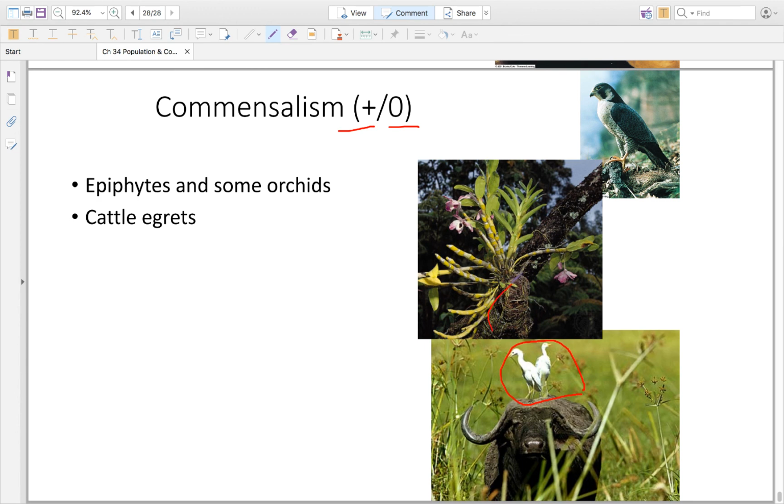They will grow and wrap around a tree branch to get more sunlight, and it doesn't hurt the tree. And that's commensalism, where one will benefit. So here the orchid will benefit, the actual tree will not be harmed. Same thing, those birds will benefit, the cattle's not harmed, and that's commensalism. Okay, that is the end of this chapter, and good luck.